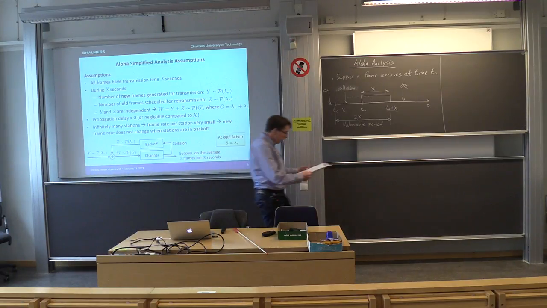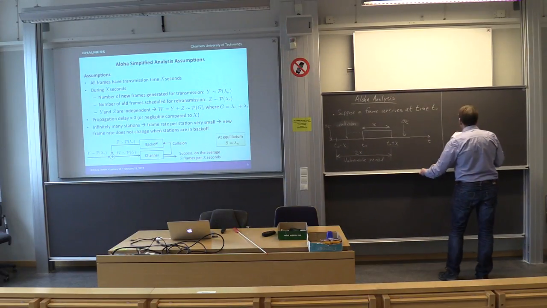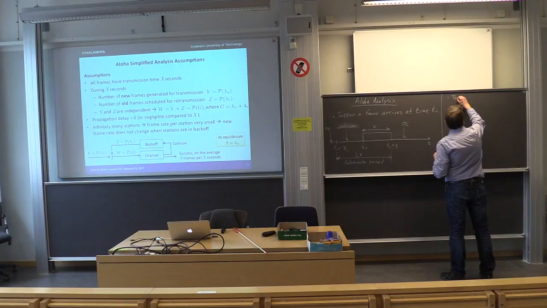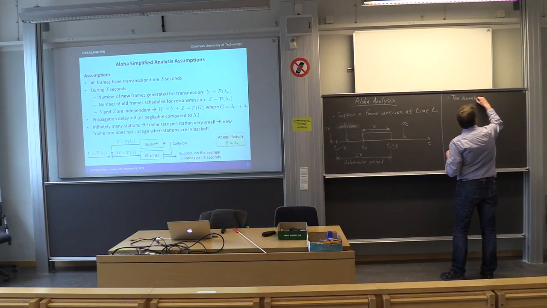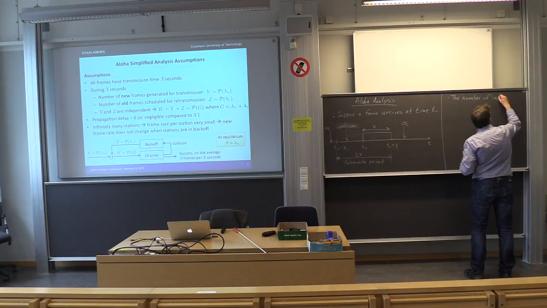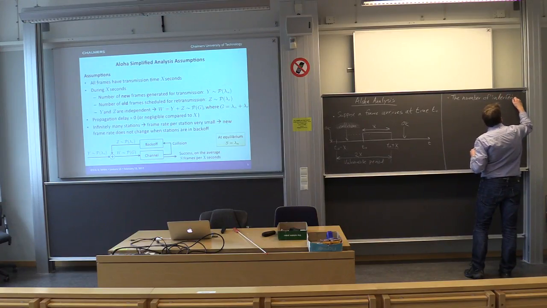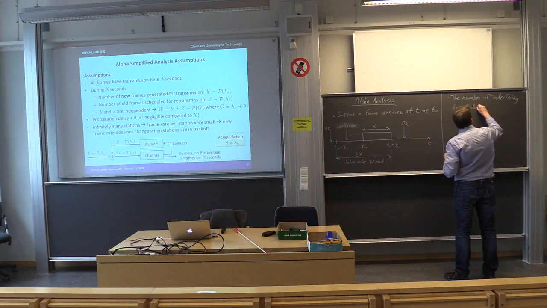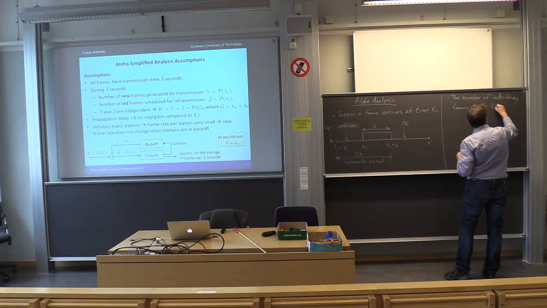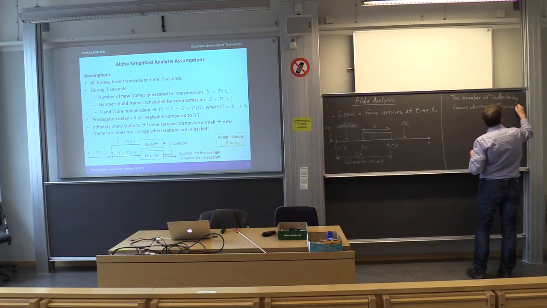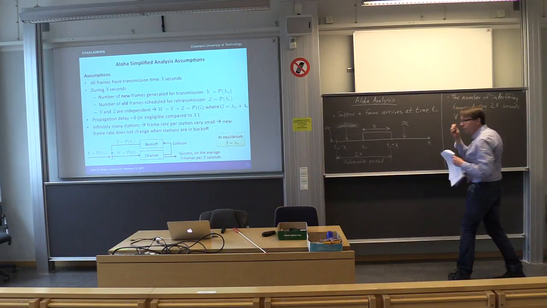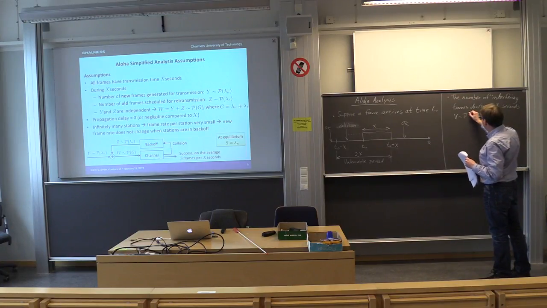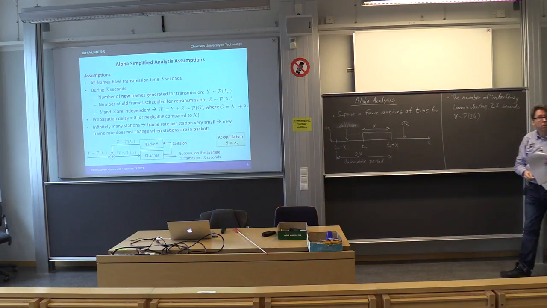So the number of interfering frames during 2x seconds, let's call that v, is a random variable, and it's Poisson with rate 2G. Okay.